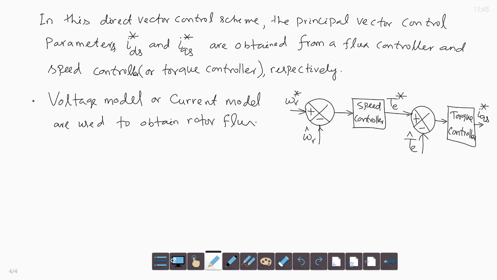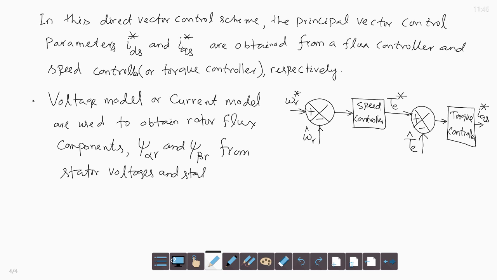To obtain the rotor flux components, that is psi alpha r and psi beta r, from stator voltages and stator currents, we use the voltage model, or from stator currents and speed, using the current model.